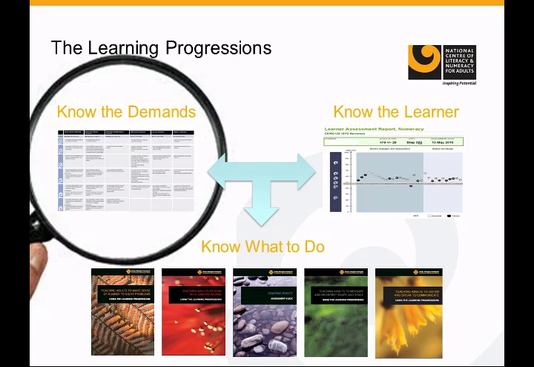If you're training students to work in hospitality, there's a set of skills there that they're going to need: great customer service skills, they're going to need good note-taking skills, cash handling skills, and those skills are going to be unique to that particular environment. If you're training students for automotive engineering, the demands might have a slightly different shape to them. But the idea is you need to know exactly what students need to be able to do in the vocation they're going to.